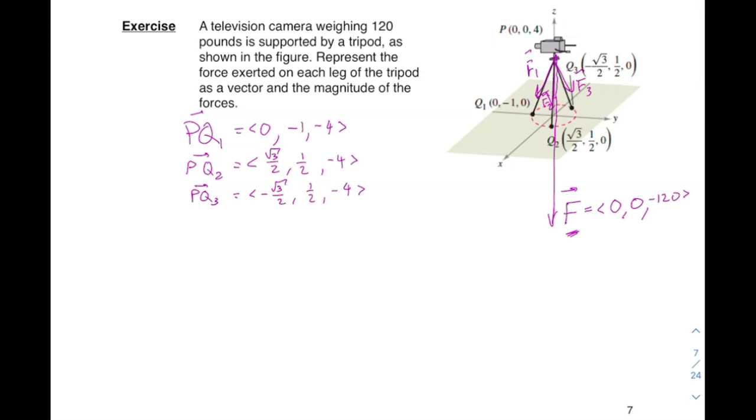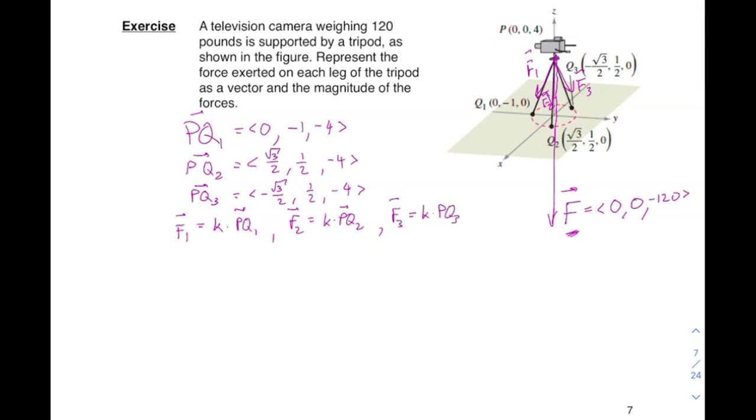So the third component is negative 120, meaning that each of F1, F2, F3 is a lot longer than PQ1, but that doesn't matter. What we know is that force 1 is going to be a factor of PQ1. Force 2 is a factor of PQ2. And force 3 is a factor of PQ3.